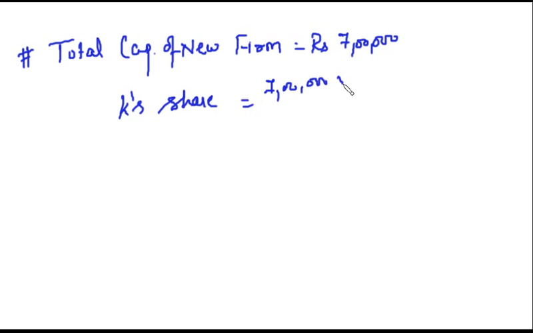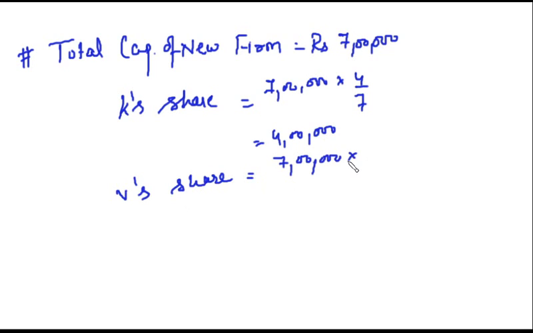K's share comes to 7 lakh multiplied by 4/7, this comes to 4 lakh, and V's share comes to 7 lakh multiplied by 3/7, this comes to rupees 3 lakh. So this is the capital of the remaining partners in the new firm.